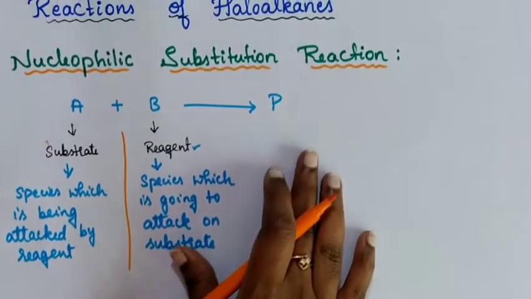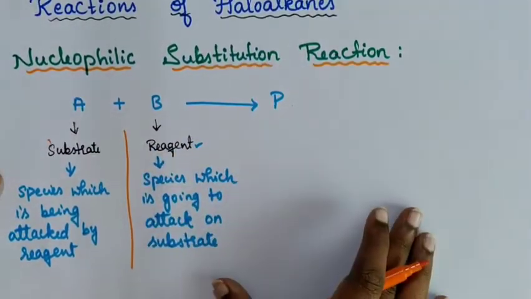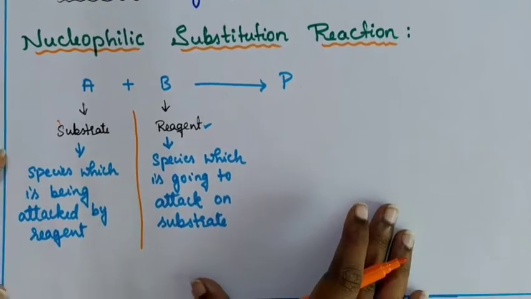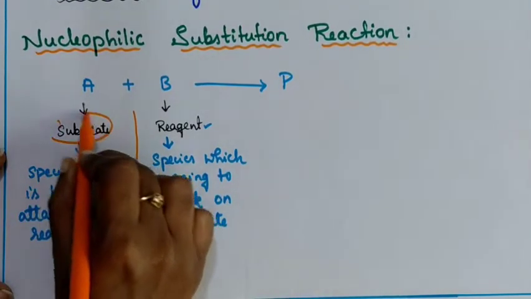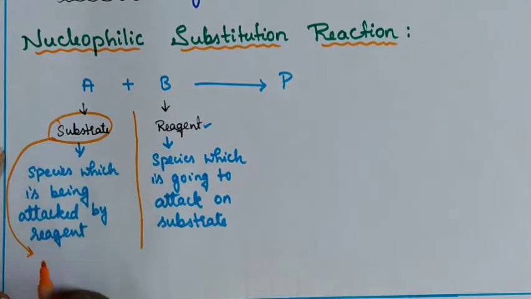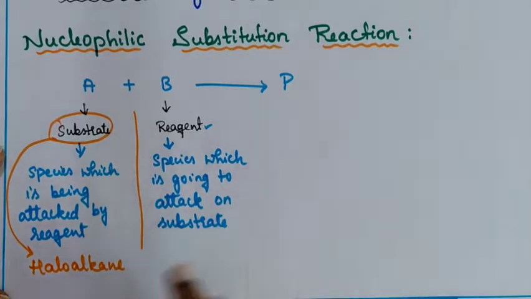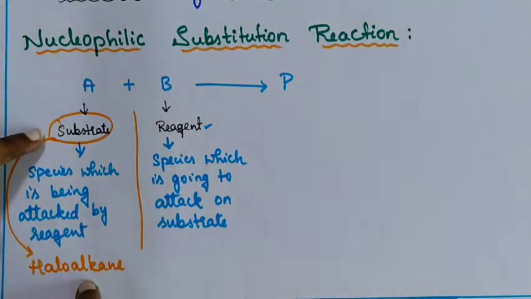So in this particular reaction of haloalkanes, nucleophilic substitution reaction, the substrate is going to be haloalkane. If the reaction takes place between haloalkane and another reactant, haloalkane will be considered as substrate. Understood?